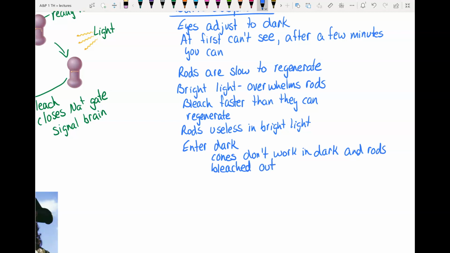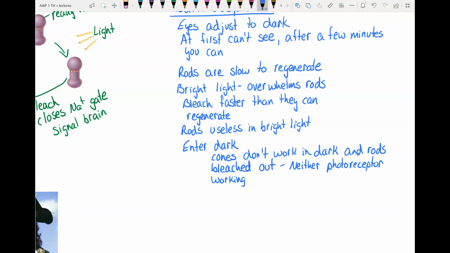So for those first couple minutes, when you go from bright light into the dark, neither photoreceptor is working. So this is where you're kind of stumbling around.